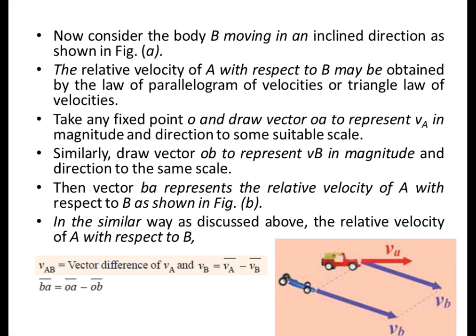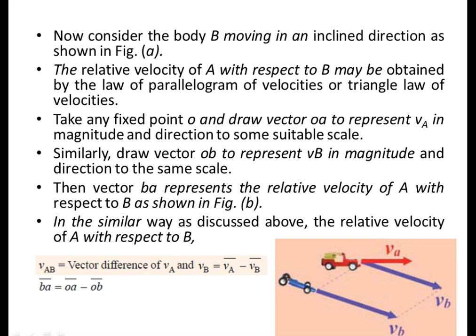So take any fixed point O, and draw vector OA to represent VA in magnitude and direction to some suitable scale. Then similarly draw vector OB to represent VB in magnitude and direction to the same scale. Then the vector BA represents the relative velocity of A with respect to B.